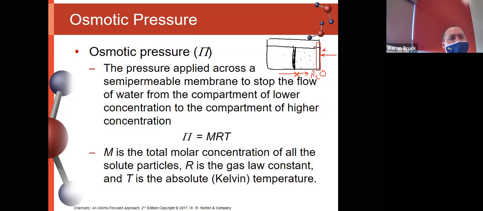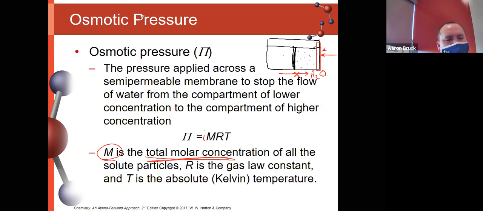Now, we can calculate that osmotic pressure using three factors. And actually, if we want to throw in the van 't Hoff factor, because it is relevant in here as well, it becomes four factors, because the M that we're talking about here is something called total molar concentration.